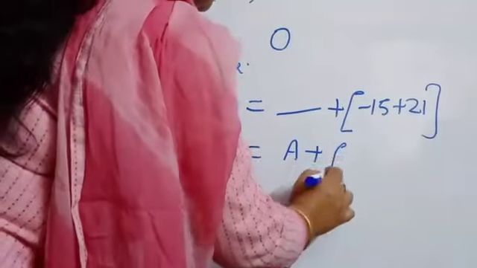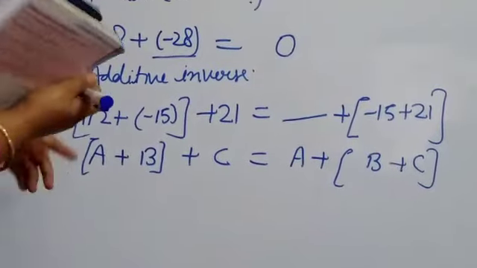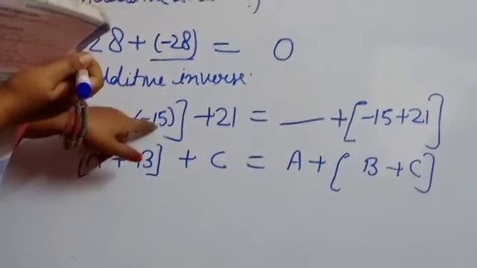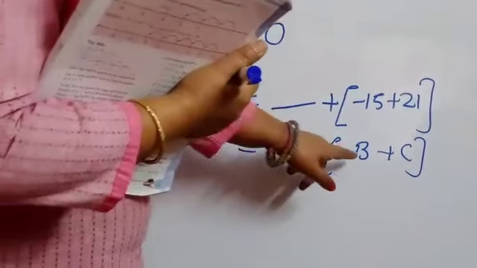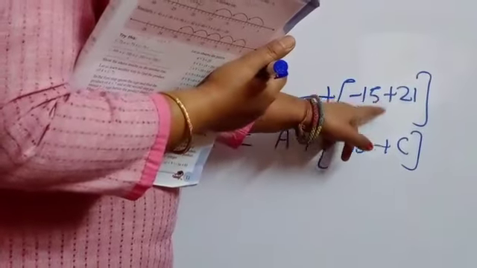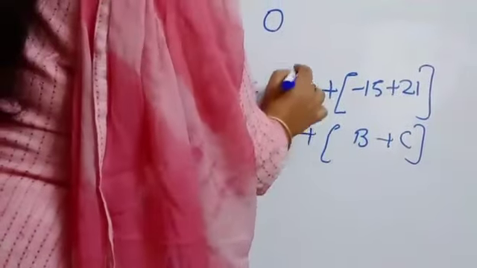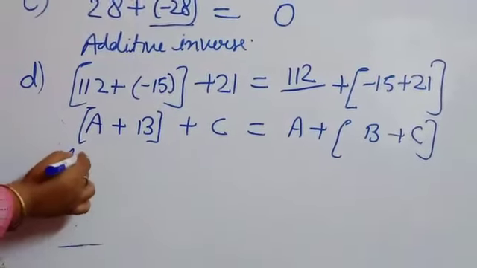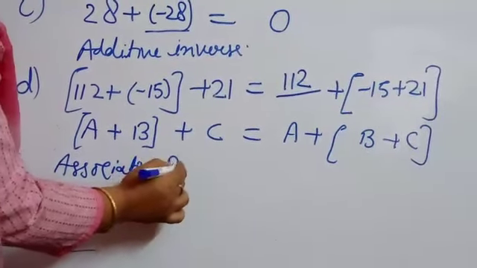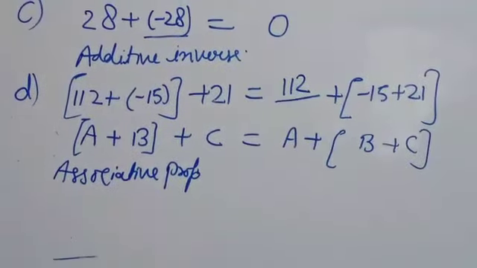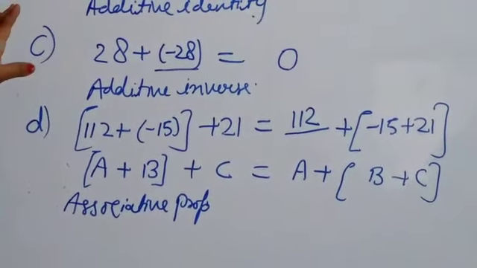A plus B plus C. You can see, what is the value of A? 112. The value of B is minus 15 if we compare, and in place of C is 21. See that now, B again is minus 15 and C is 28. In place of A, what should come? 112. And what is the name of the property? The name is the associative property. You learned this in class 6 also. Okay. In this way you will do this question number first in your copies. Now we are moving to question number 2.